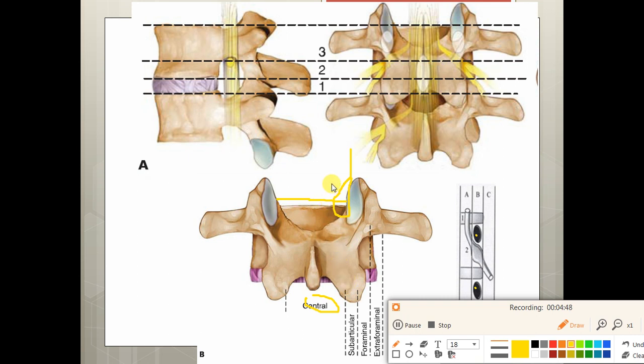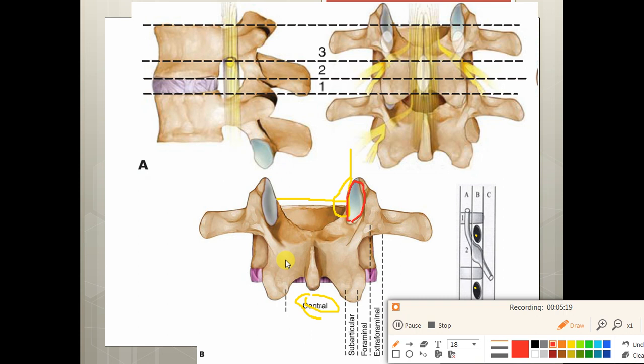If I want to specify what is causing central stenosis in the central anatomical area, it is the inferior articular process of the cephalic vertebra. What compresses the lateral recess in the subarticular region is mainly the superior articular process of the caudal vertebra.